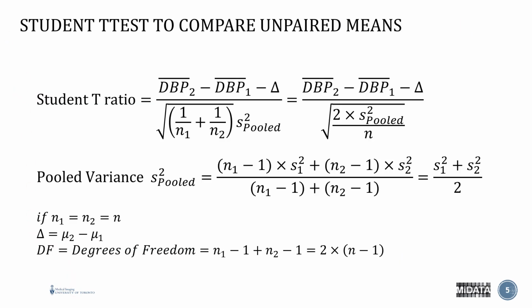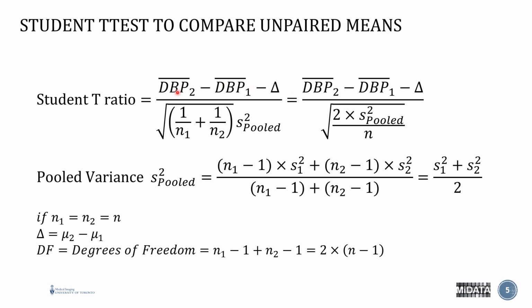Let's have a look at this student t-test. Well, at first glance, it certainly looks very similar to the z ratio, which we just looked at. And that's because we have the difference between the sample means. We're then comparing to the null hypothesis, which is the difference between the population means, and we are assuming the two are the same, and therefore it will be equal to 0 and it will drop out.